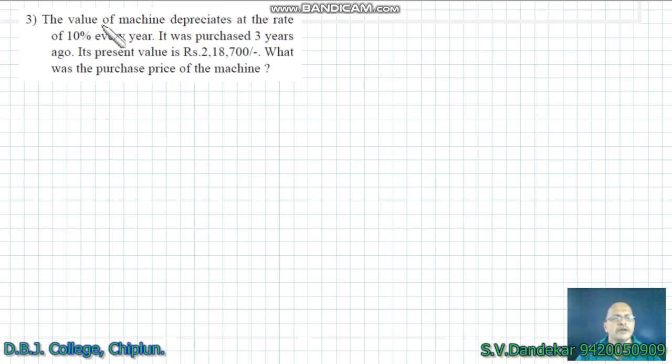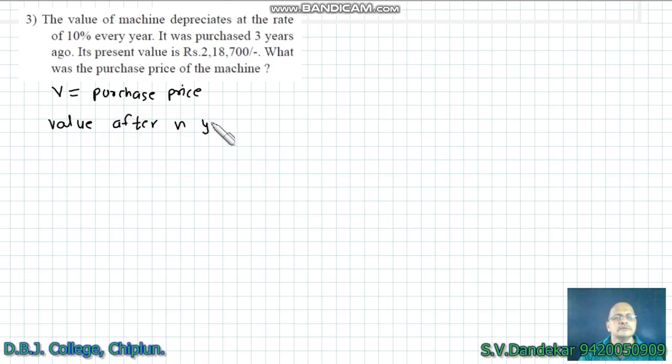Next problem: the value of a machine depreciates at the rate of 10% per year. It was purchased 3 years ago. Its present value is 2,18,700. What was the purchase price of the machine? Let the purchase price be V. Formula: value after n years equal to V into (1 minus r by 100) raised to n.